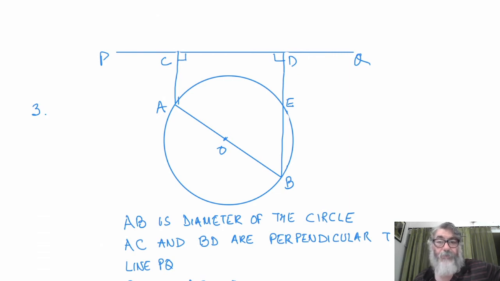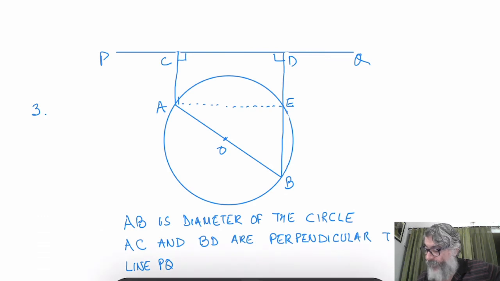This line BD intersects the circle at point E. If I join A to E, then I will say angle AEB is 90 degrees.